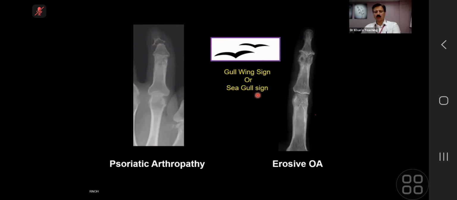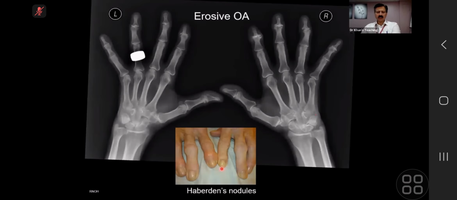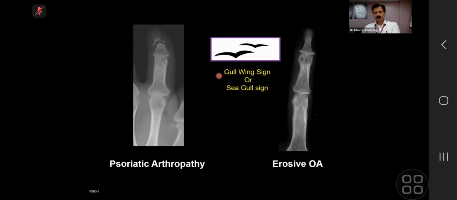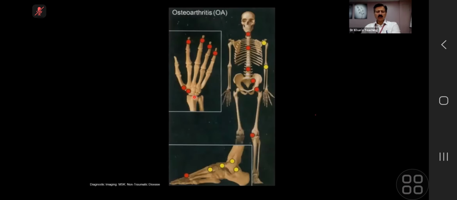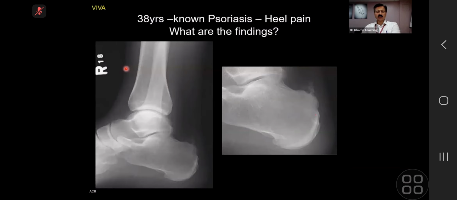And clinically, this is how this patient will present to you with what we call Heberden nodes. Now, OA, of course, can involve many joints, but remember for the exam, erosive OA involves the distal interphalangeal joint.